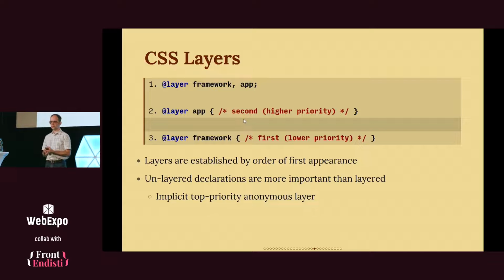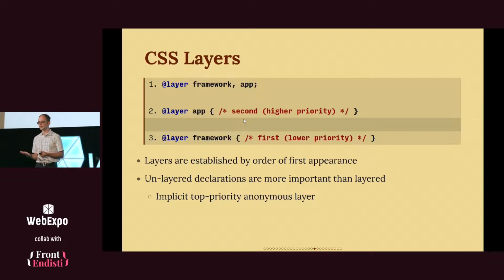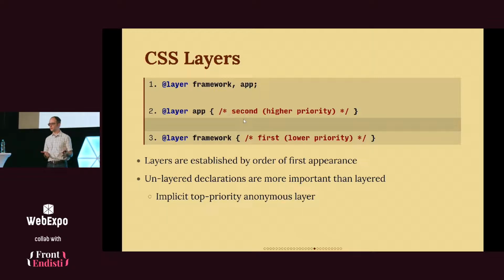We are free to establish the layer order individually on line number 1 without actually adding any rules inside these layers. So the first line is the most important one. It says we will have two layers, and their order implies the priority of rules without actually filling them with anything. And we can then fill them afterwards in arbitrary order because their order has already been established.